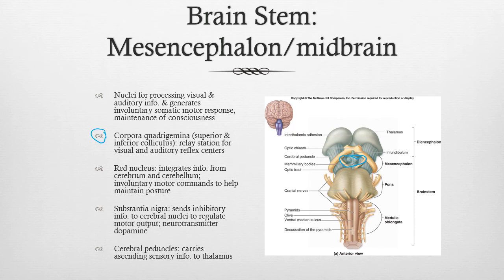The substantia nigra then is working within motor input to keep muscles quiet when we don't want to use them. And so one of the big things there is that process.